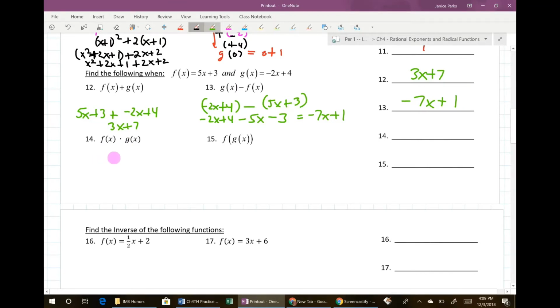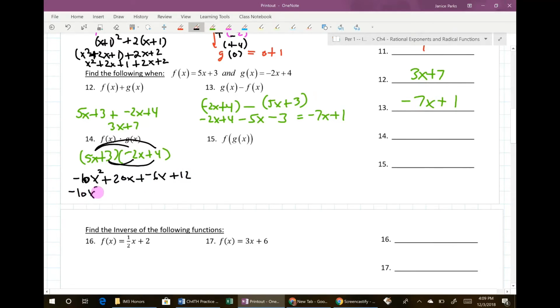And for number 14, f of x times g of x is going to be 5x plus 3 times negative 2x plus 4. You can use the box method if you want. I'm just going to distribute: negative 10x squared plus 20x plus the negative 6x and plus 12.